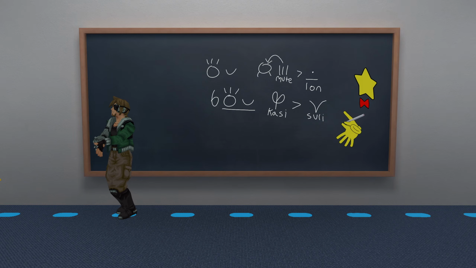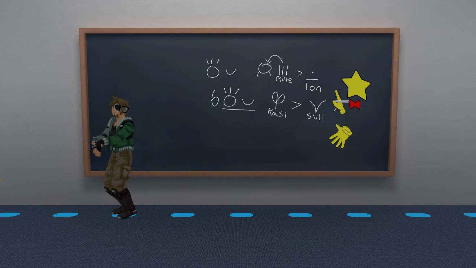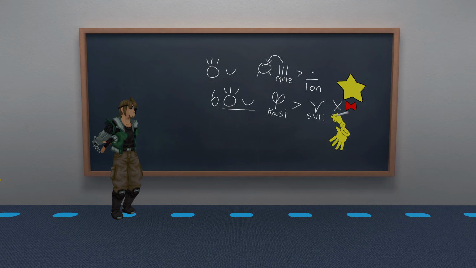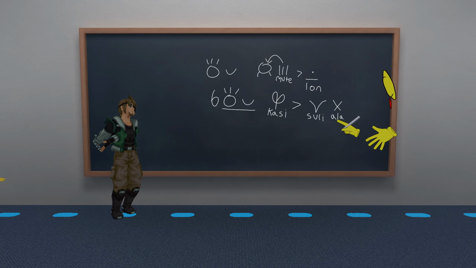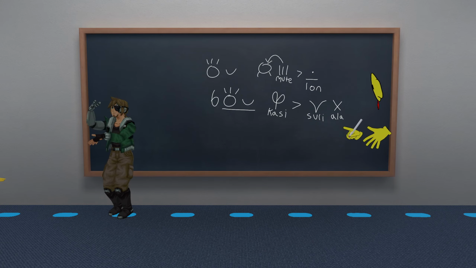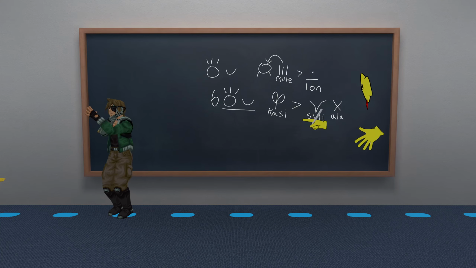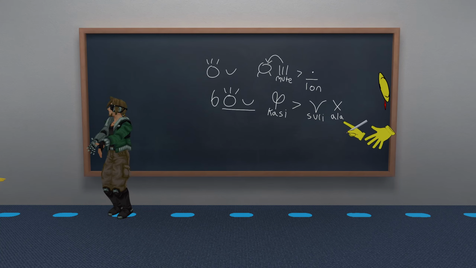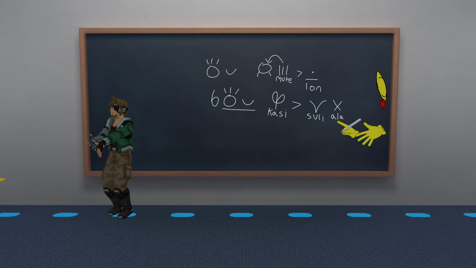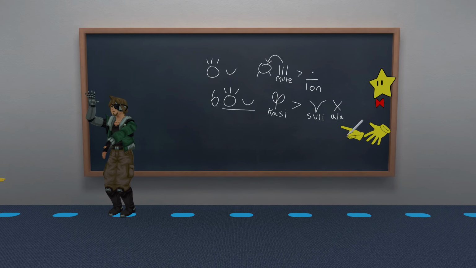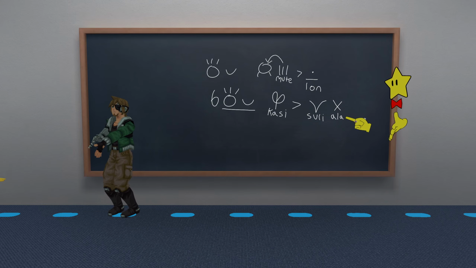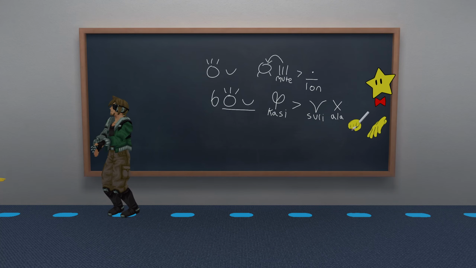But then, what if I do that? This is ala. A-L-A. So now the sentence is kasi li suli ala. Ala is not or none. It negates the previous word. And so it's also a modifier.